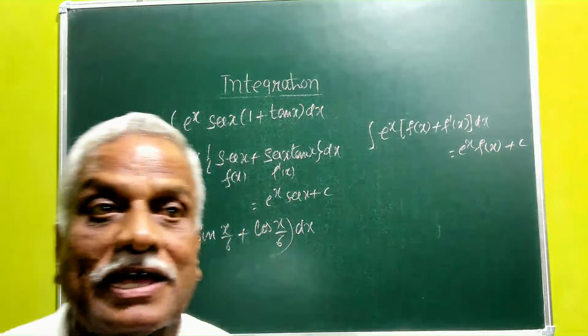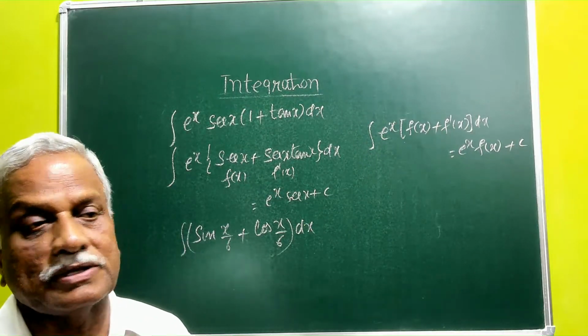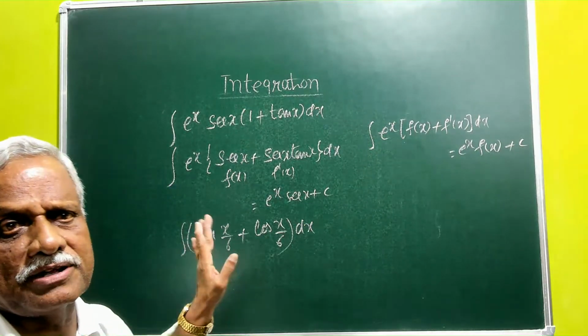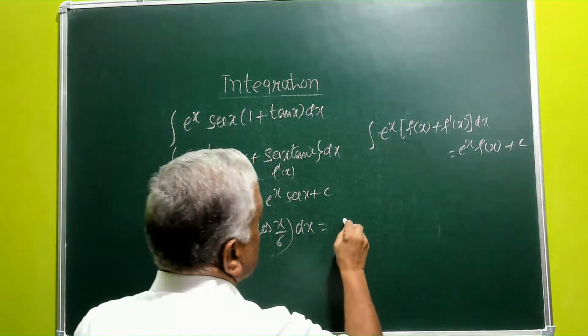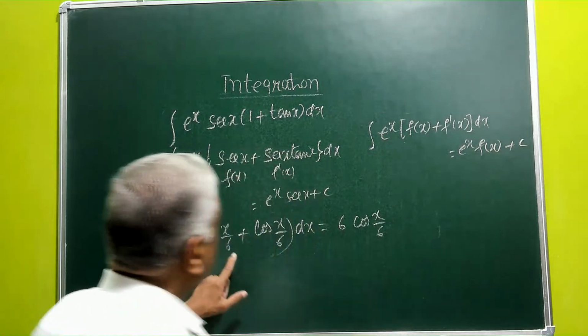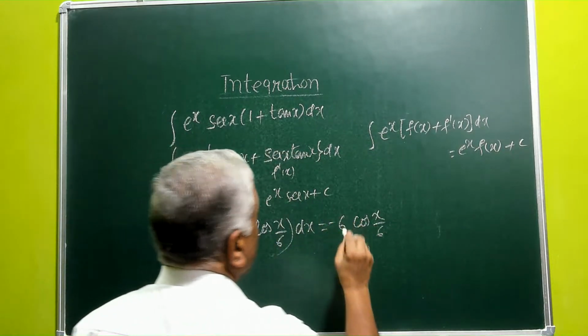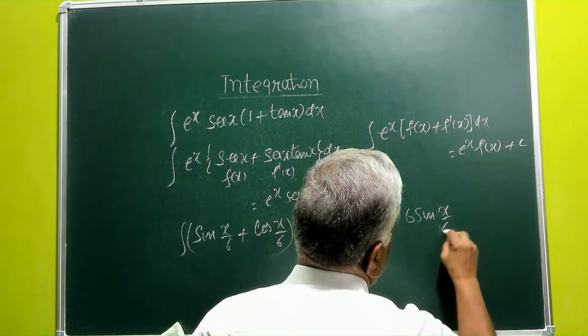It is not sine square and cos square. It is sine square and cos square... sine square x plus cos square x is one, that we could have. This is just to confuse you. It's the most direct problem. Sin is minus cos x by 6 divided by 1 by 6, minus, and cos is sin x by 6, plus.